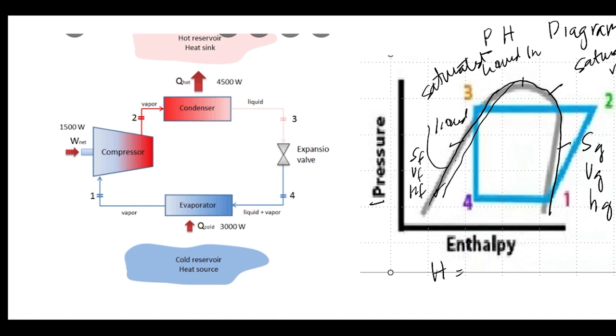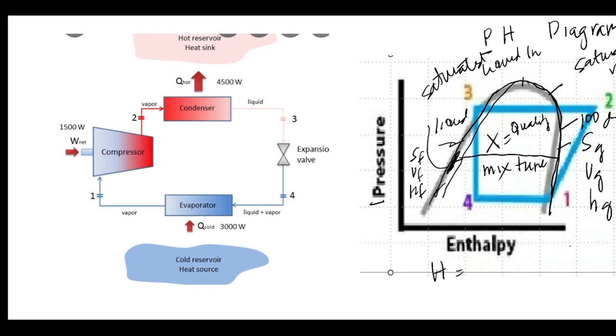So the meaning here is pure liquid. From here is pure vapor, 100% dry. This is 100% wet. What about in the middle? The middle is the mixture of liquid and vapor, and it can be interpreted with the variable X, the so-called quality of the refrigerant, in terms of dryness.